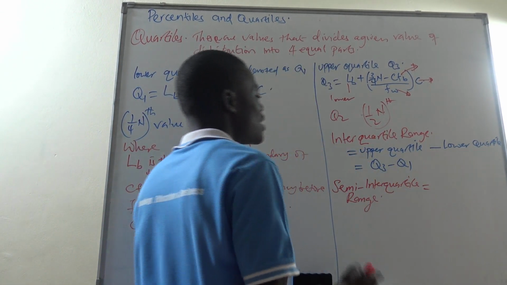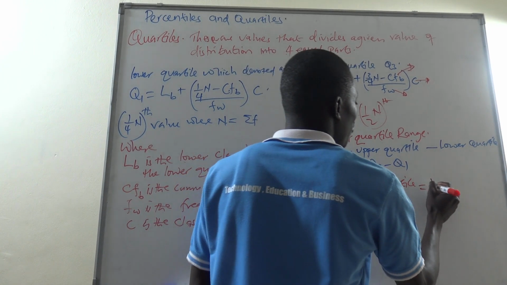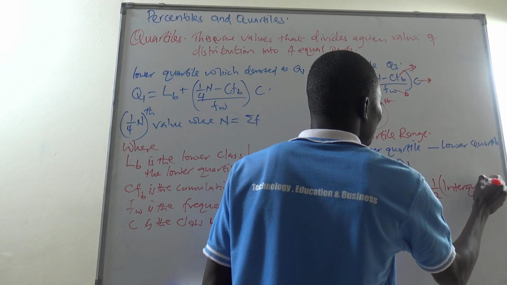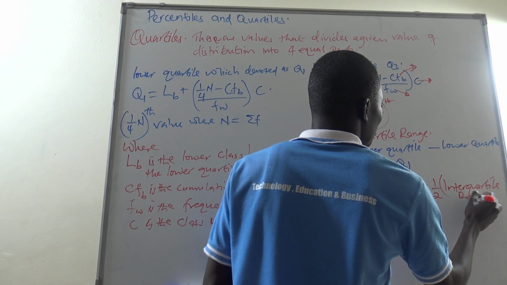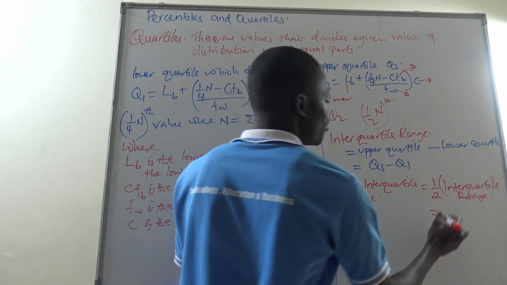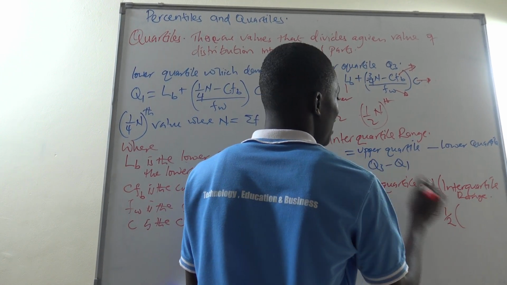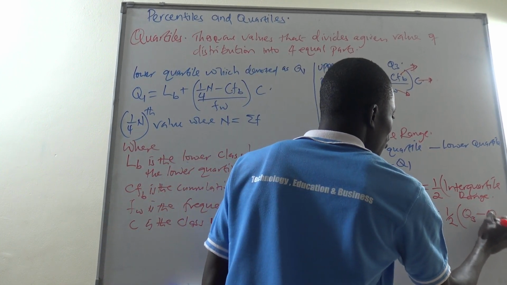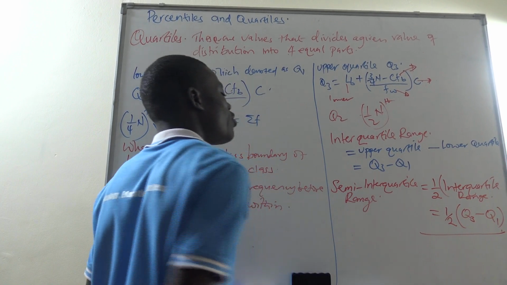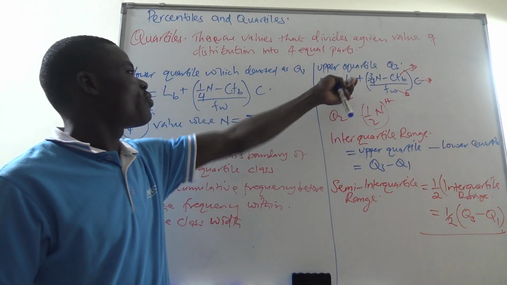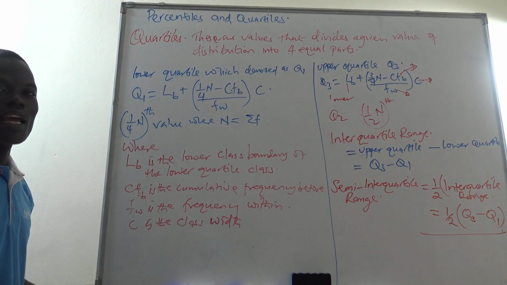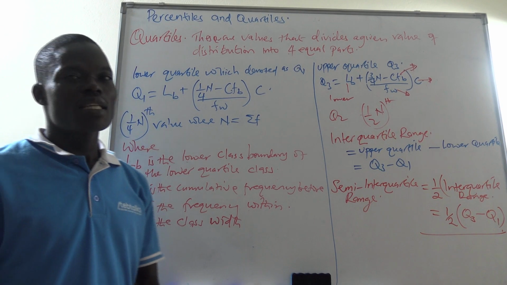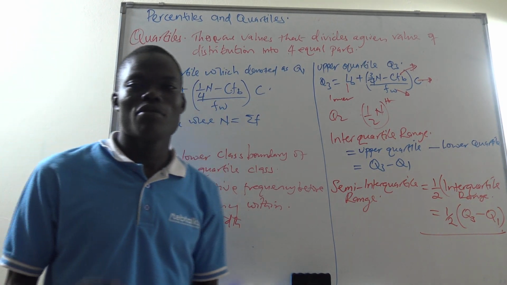This one is also standard: the semi-interquartile range is a half of the interquartile range, and we know the interquartile range is given by Q3, the upper quartile, minus Q1, the lower quartile. So if you know how to calculate Q3 and Q1, you cannot fail to get the interquartile and semi-interquartile range. So that's how you calculate the percentile and the quartile. We'll meet in the next video.